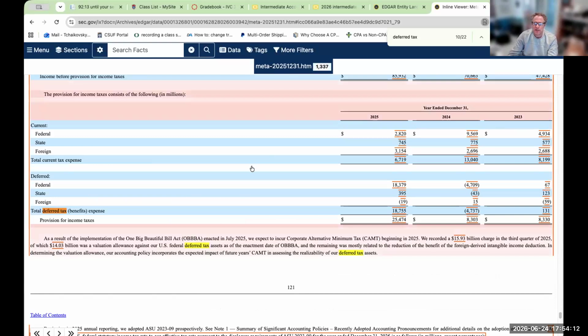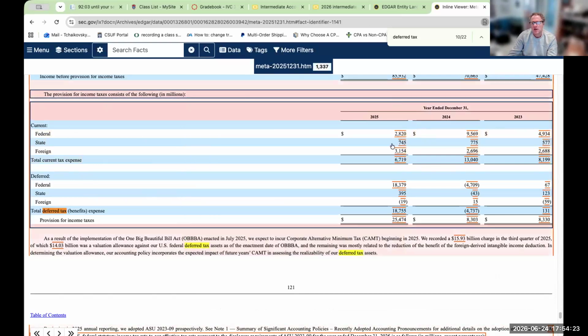Now, one of the things over here is when you look at that 25 billion, it's breaking this down into, well, what's the current income tax expense? And then what is going to be the deferred income tax expense? So even though they show that our provision for income taxes is 25 billion, as far as current amounts, only about 6.7 of that is going to be currently due.